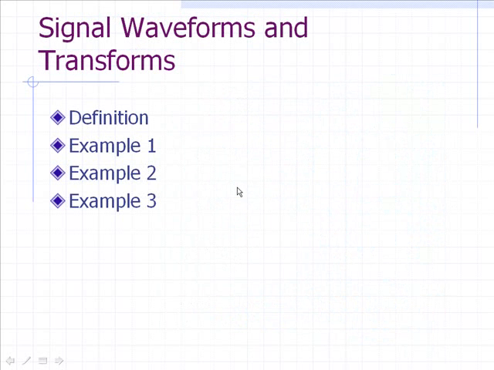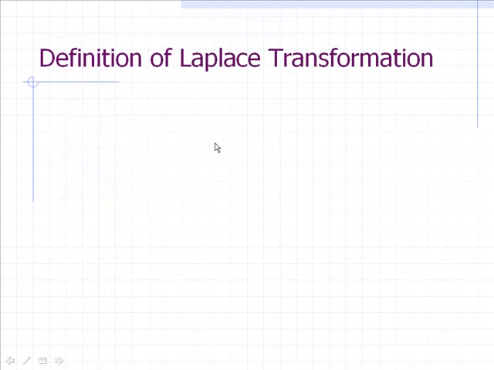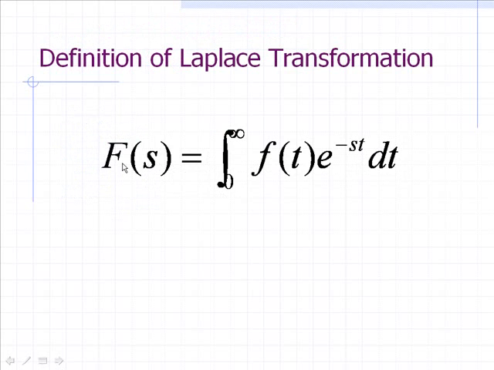So we're going to take a look at some examples. But before we look at these three examples, we'll take a look at the definition of the Laplace transform. Here's a regular signal, let's say the output of a system, which could also be the input of a system, and we transform it into the frequency domain.